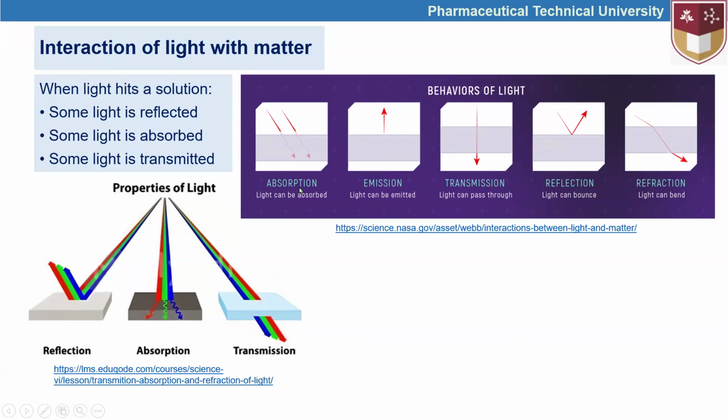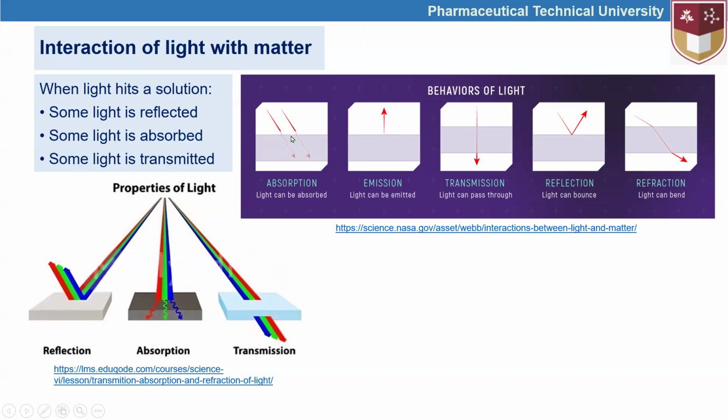And in detail, they can be not only absorption, transmission, and reflection, but also the interaction between the light and matter can include the emission and refraction. And in our earlier lectures, we talked about some of these terms. And today we are going to talk about only the absorption.